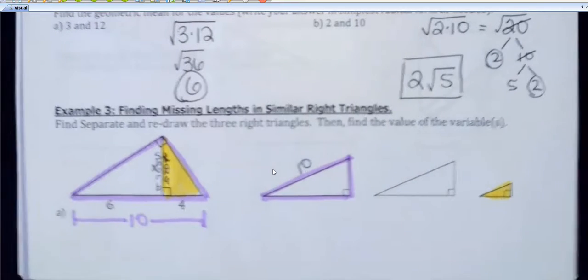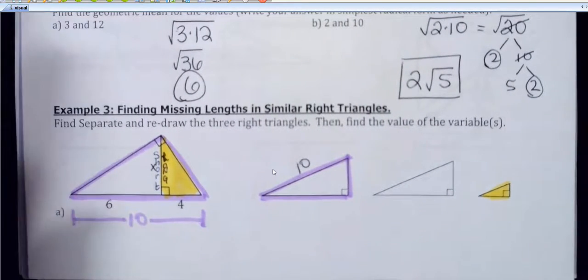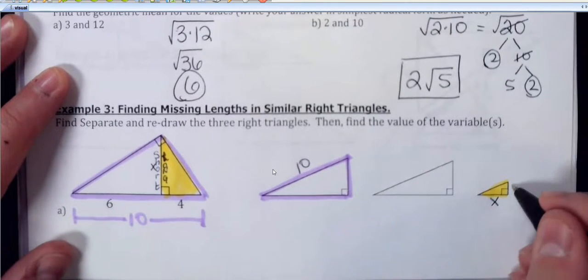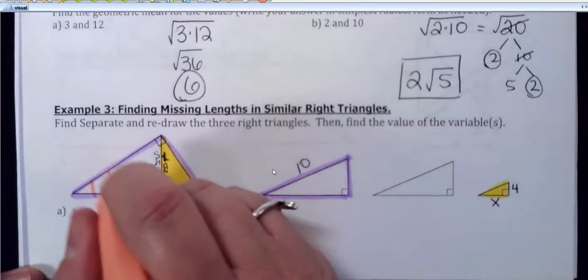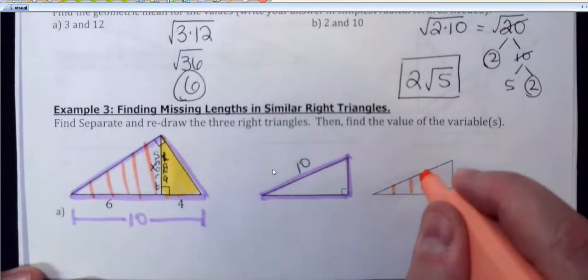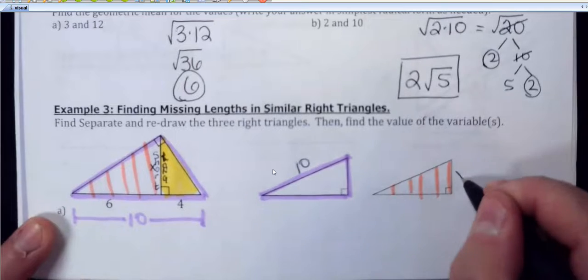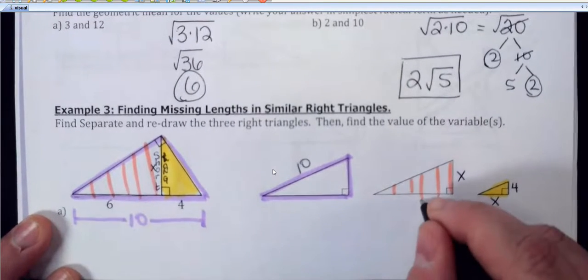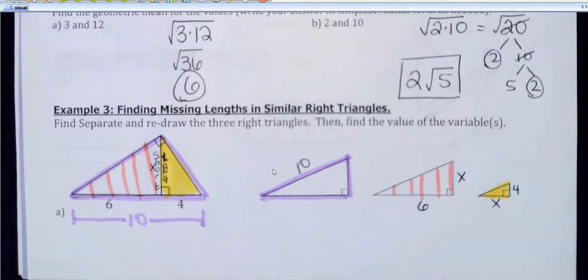You don't have to write that out, but in the baby triangle, that x is going to be the long leg. The short leg you can see there is 4. And then the medium-sized triangle, this guy here, we'll just do some stripes. In that triangle, the x is the short leg. The long leg here is going to be the 6.